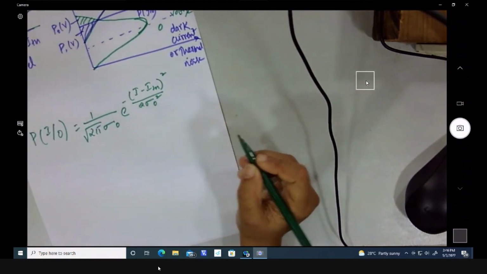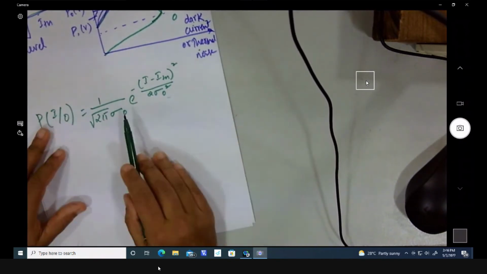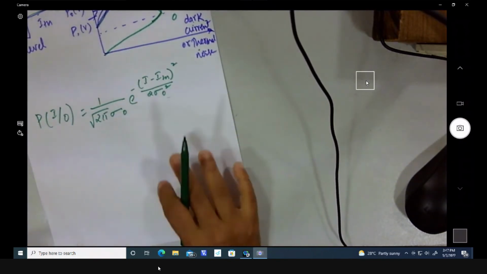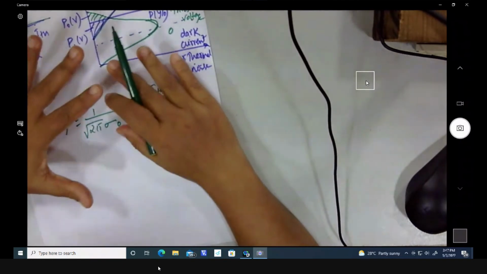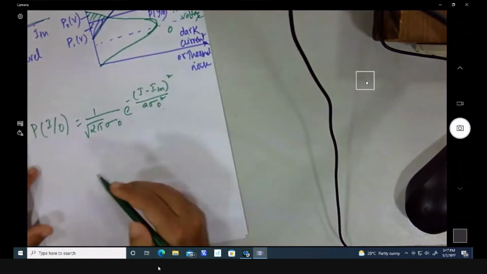Here sigma naught square is the variance and sigma naught is the standard deviation. So this is the empirical formula for this kind of distribution. So this formula will be there.